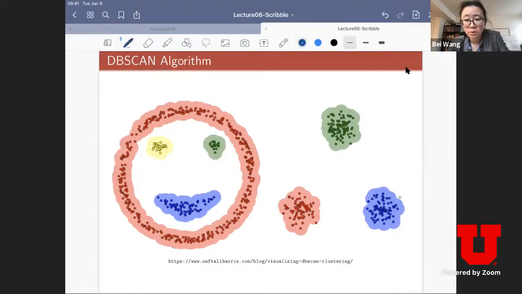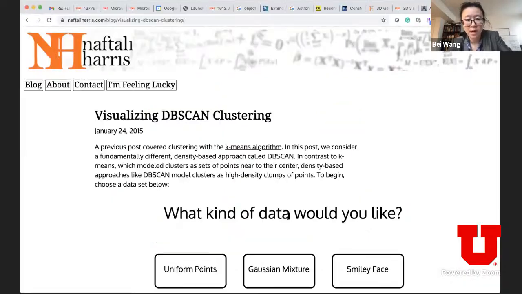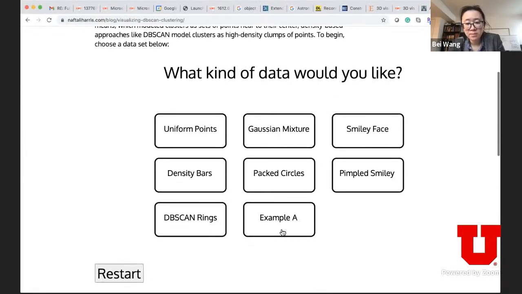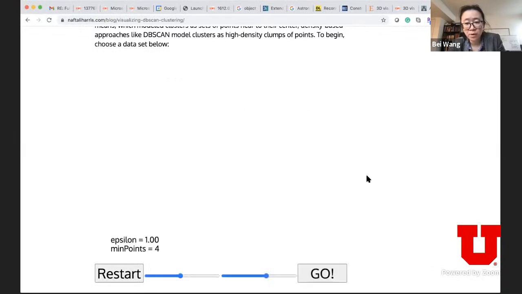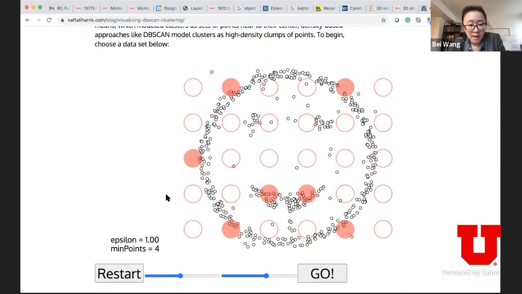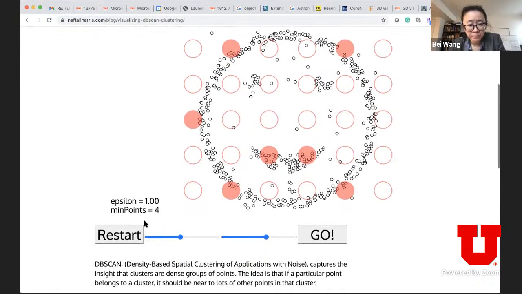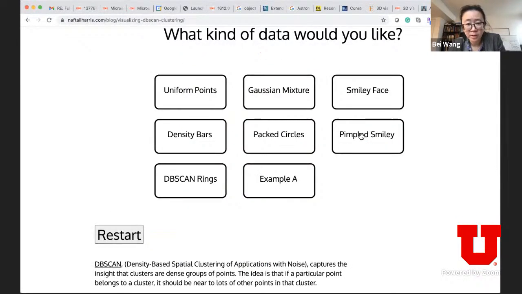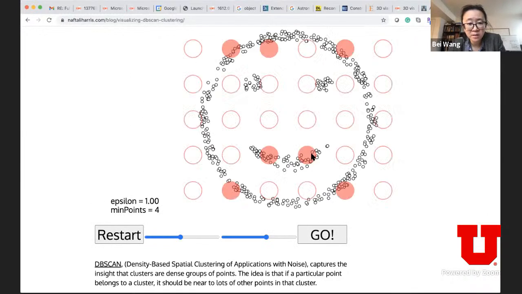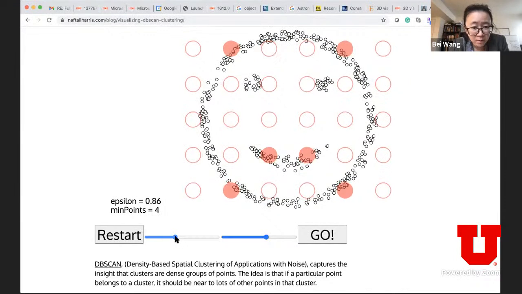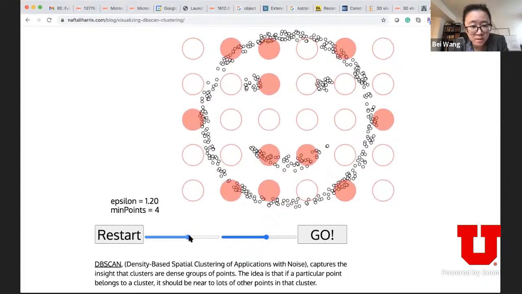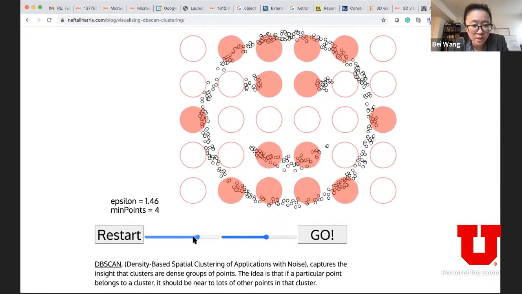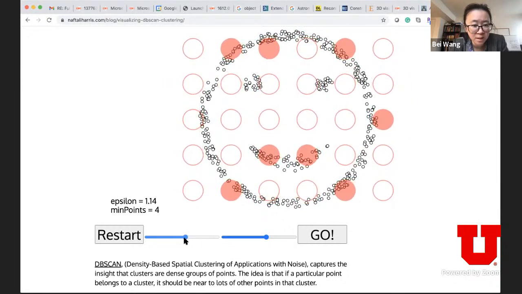So you share. Okay. So here is dbscan. Let's again do a simple smiley face, and go to restart. Epsilon, let's say my epsilon neighborhood is, I don't know, this is adjusting the neighborhood size.